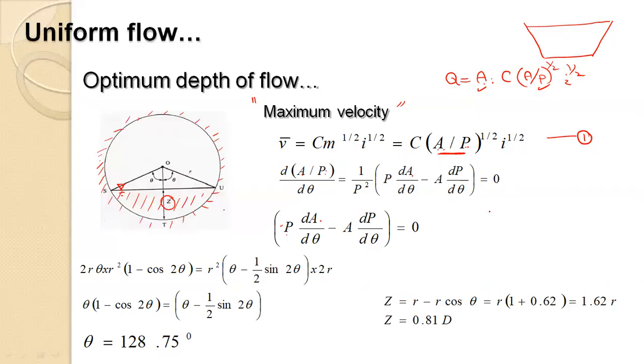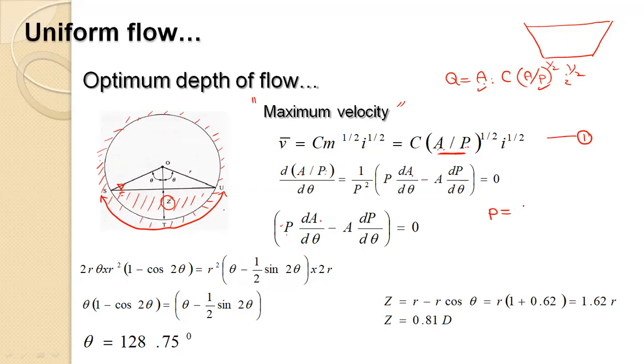So let's take P. What is the value of P in terms of the radius of the pipe and theta? P is this length from here to here, the wetted perimeter.